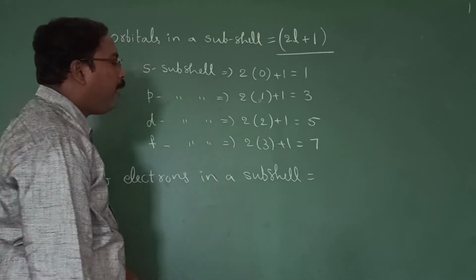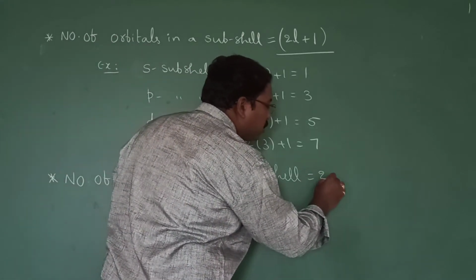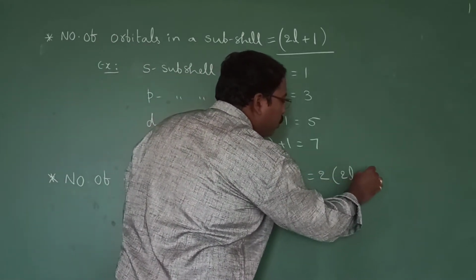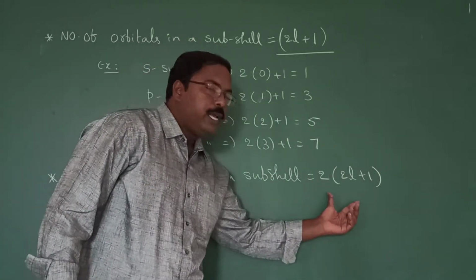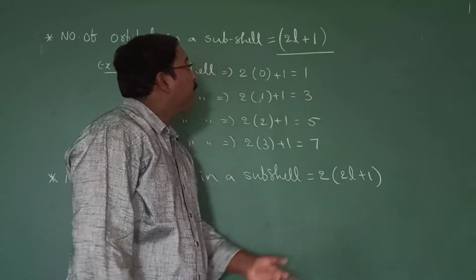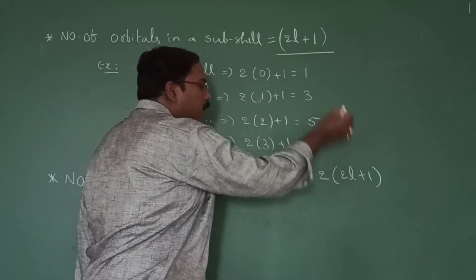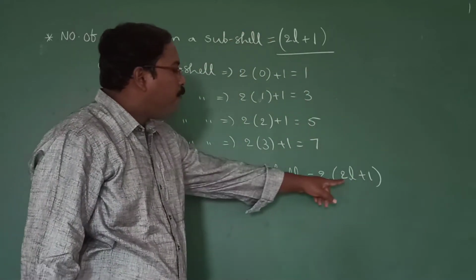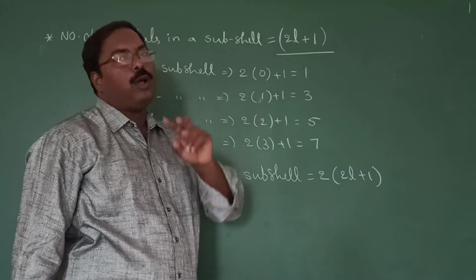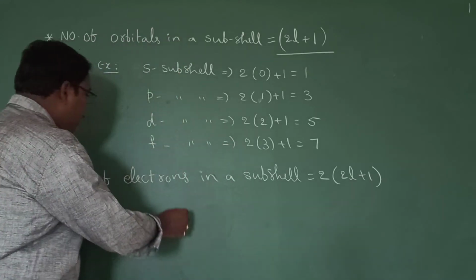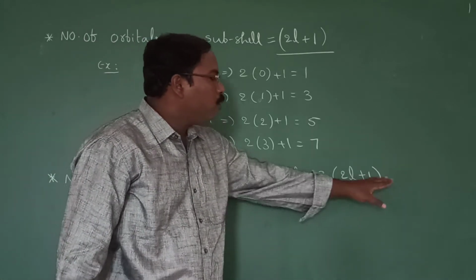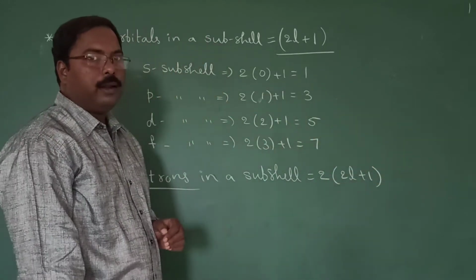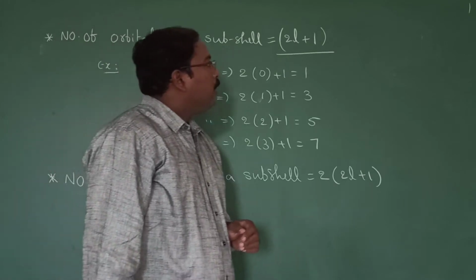So the number of electrons in a subshell is equal to 2 into 2l plus 1. I think you understood why we got this. The number of orbitals is 2l plus 1, and every orbital can accommodate 2 electrons. So that is why the number of electrons in a subshell is 2 into 2l plus 1. Remember this.